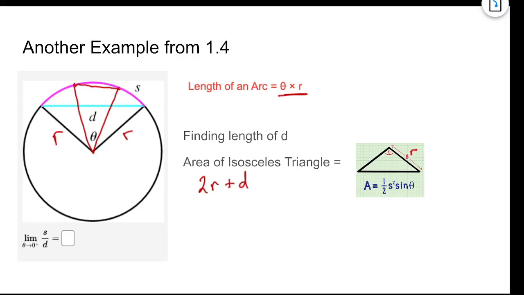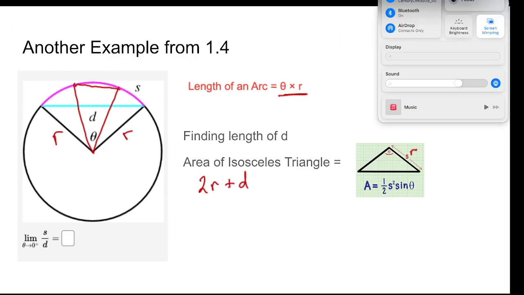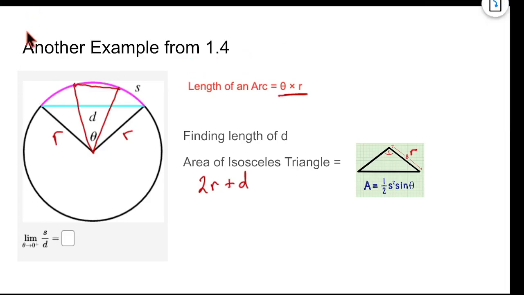And so what we can do, or what I did, is okay, so that's perimeter.